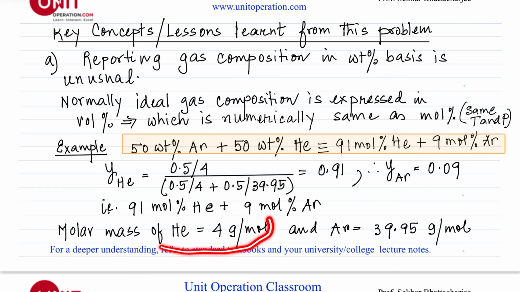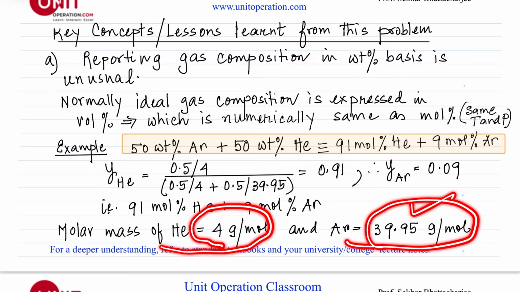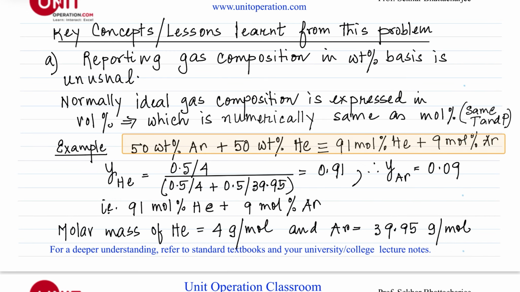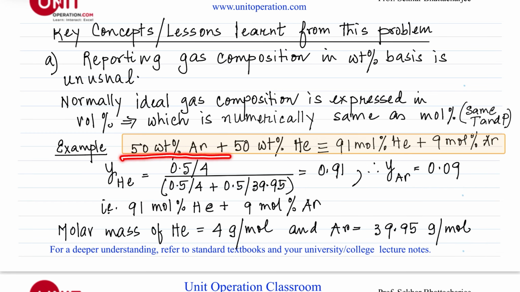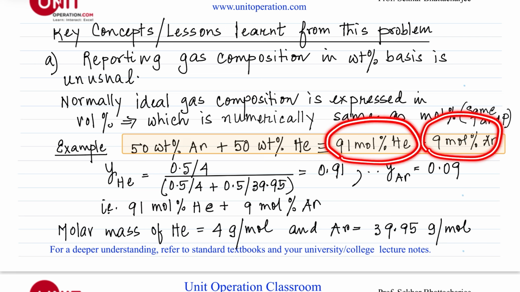The molar mass of helium is 4 grams per mole, and argon is around 40. So we can calculate the mole fraction of helium as 0.91 and that of argon as 0.09. So 50 mass percent of argon and helium is the same as 91 mole percent helium and 9 mole percent argon.